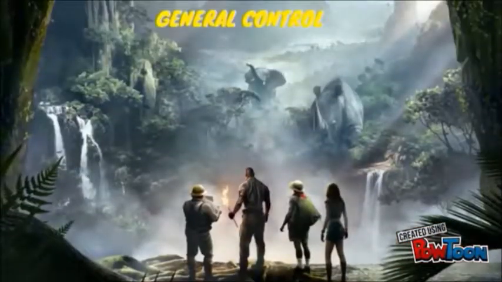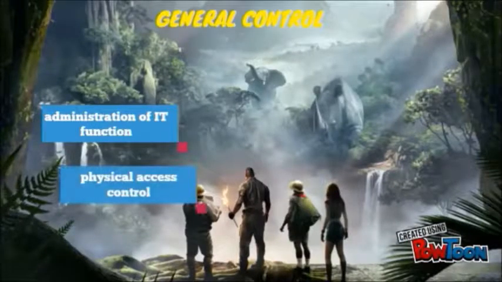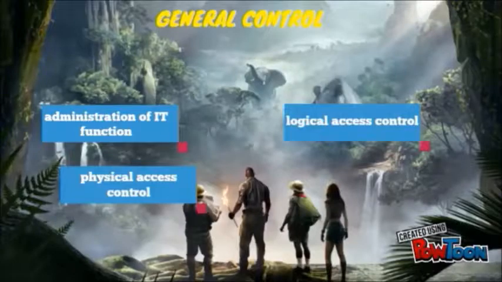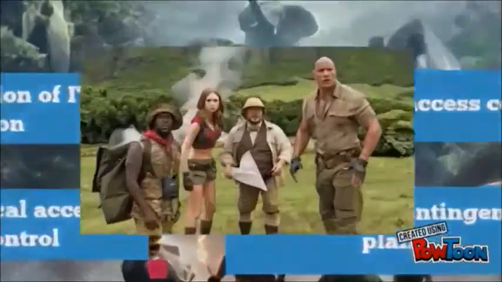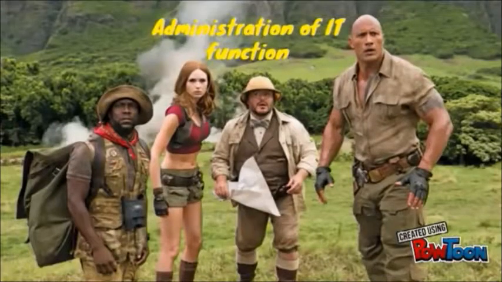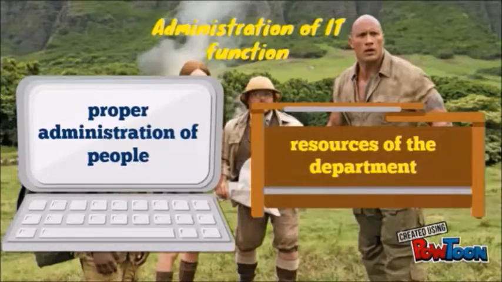In general control, it comprises administration of IT function, physical access control, logical access control, and backup and contingency plan. In administration of IT function, it is meant to ensure proper administration of people and resources of the department.